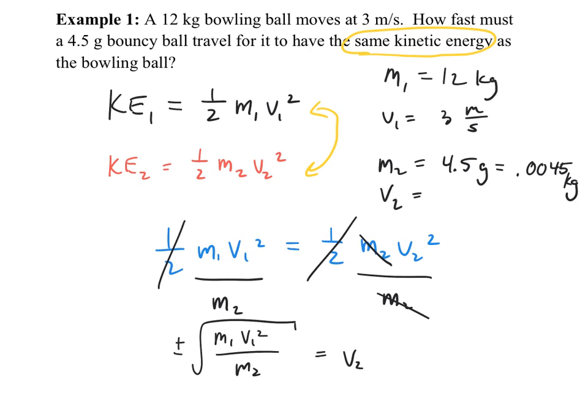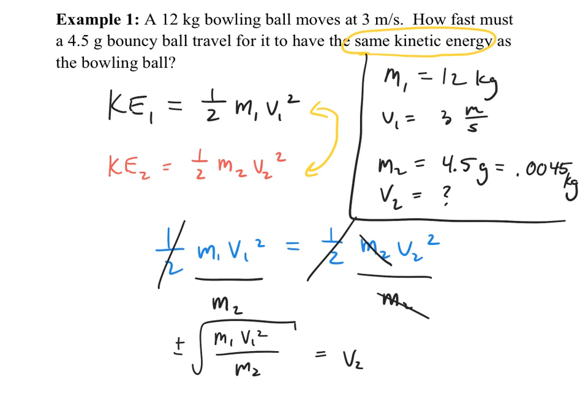So those are our values that are given in the problem, and we're looking for V2. I didn't list the givens in the beginning, so to make sure that we're clear on what they are, they're in that box in the top right. Mass of the bowling ball, velocity of the bowling ball, mass of the bouncy ball, and we are looking for V2. At this point, we're literally just plugging into this equation.